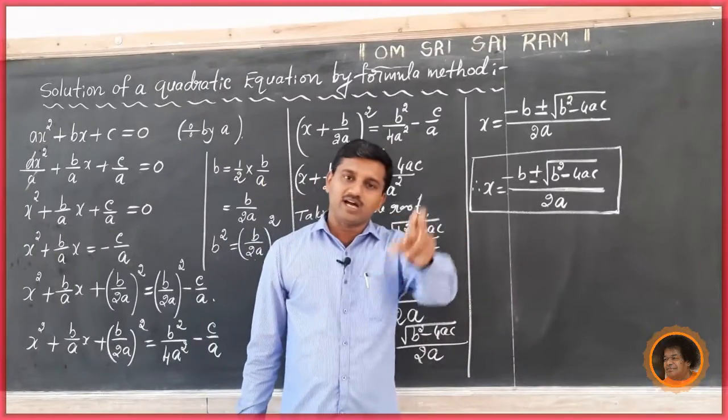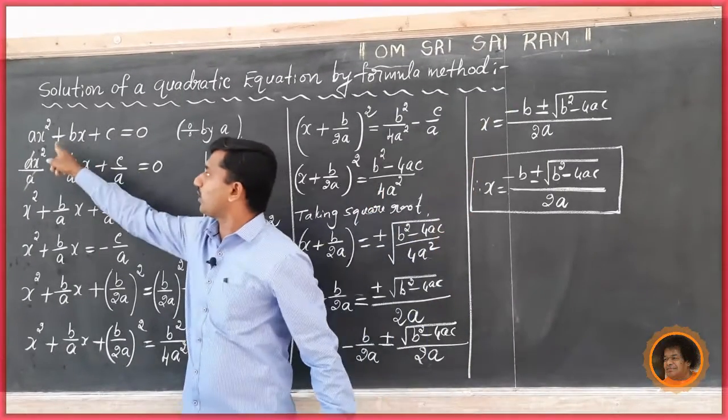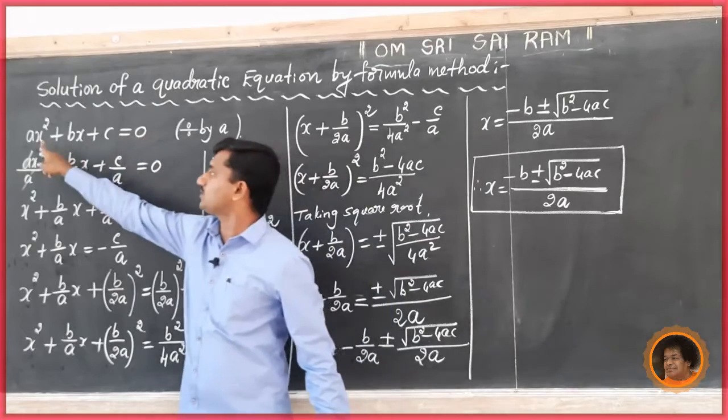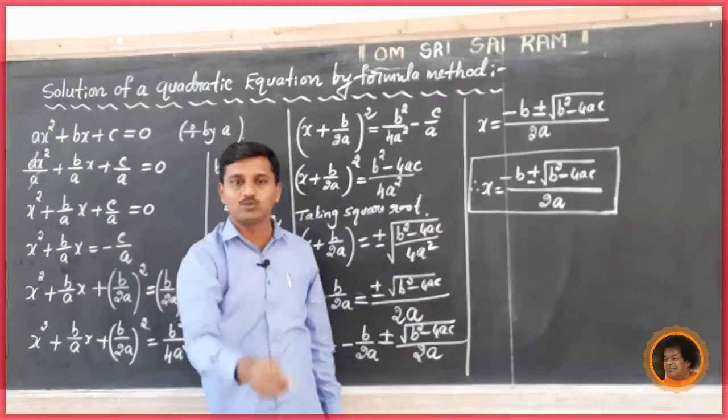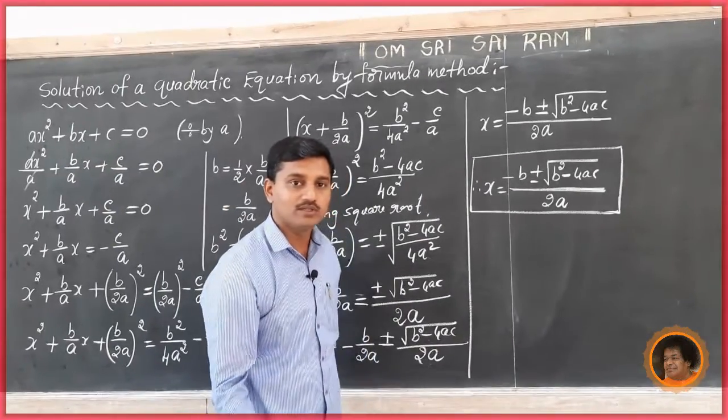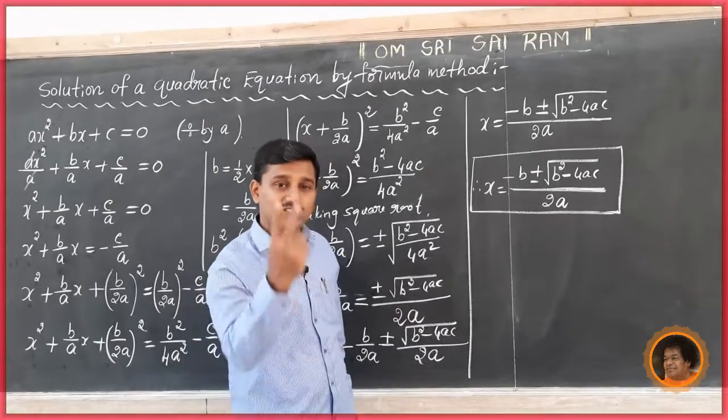What is the highest power of the variable in x² + bx + c = 0? The highest power is 2. If the highest power is 2, it has 2 roots, 2 solutions.